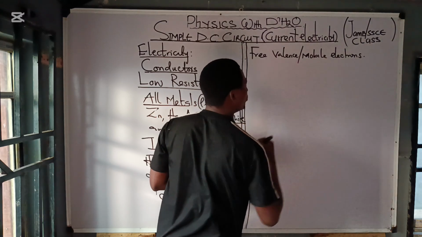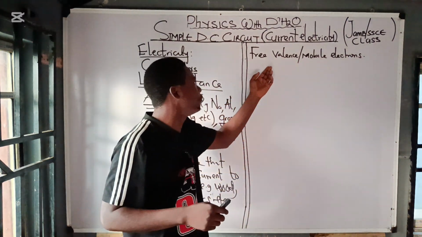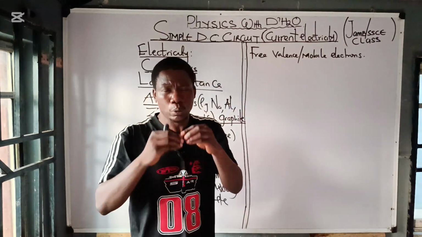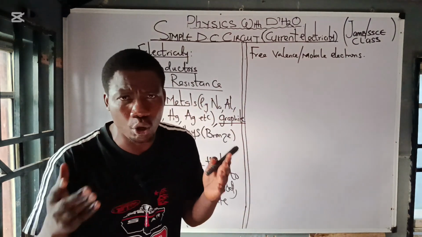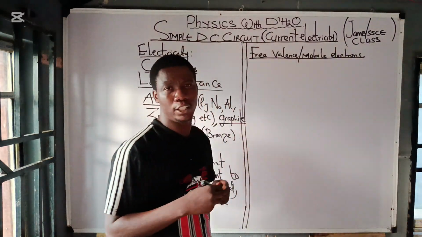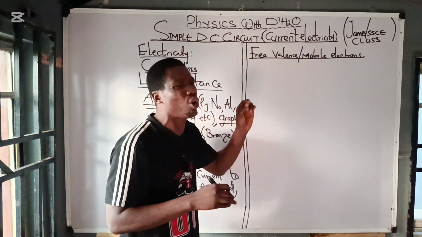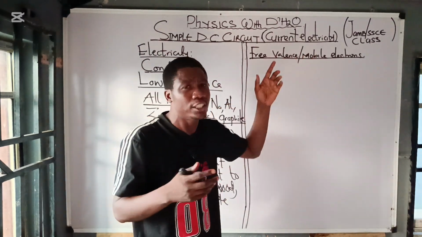So we can conclude that the carriers of current in conductors are the free valence or mobile electrons. So a material is called a conductor because it has free valence or mobile electrons. Then a material is called an insulator because it does not have free valence or mobile electrons.